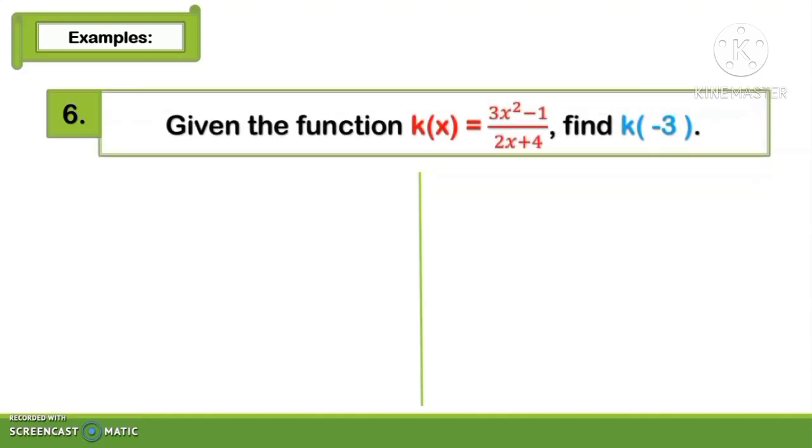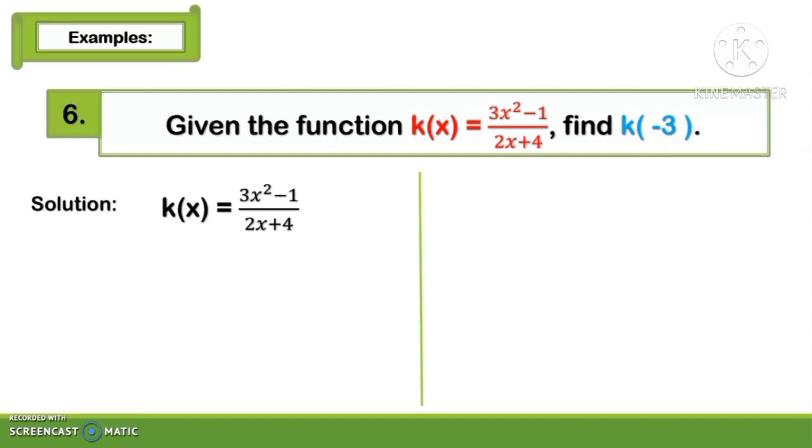Let us have example number 6. Given the function k of x is equal to 3x squared minus 1 all over 2x plus 4, find k of negative 3. Let us have our solution. First, copy the given function. K of x is equal to 3x squared minus 1 all over 2x plus 4.